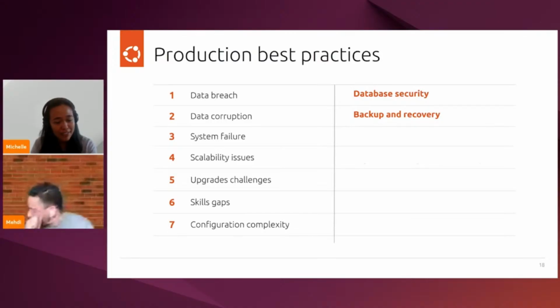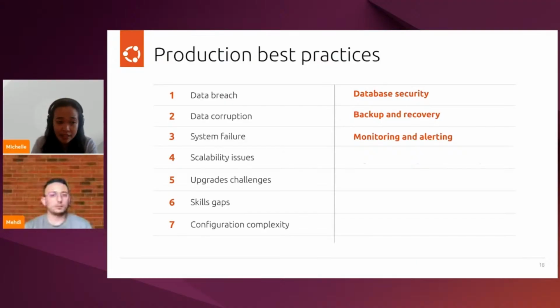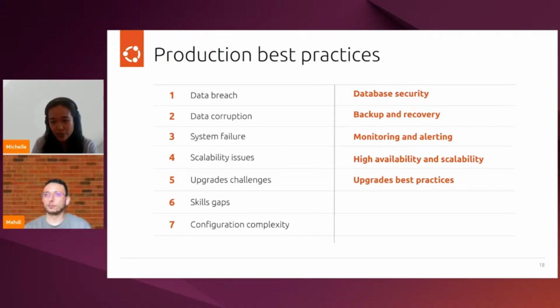Yeah, thanks, Mehdi. And aside from backup and recovery, when you have system failure, of course, you want to do monitoring and alerting. It's important that you have an observability tool that can show if your OpenSearch is working or not, and you get alerted. That is very important. Scalability, high availability, and scalability that we've shown with the large deployment architecture. Upgrades are really important, and the best practices make sure that everything works well if we move from one version to the other.